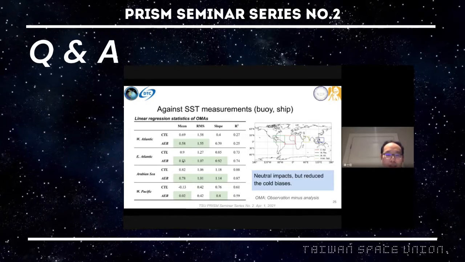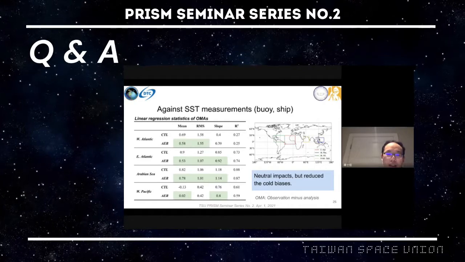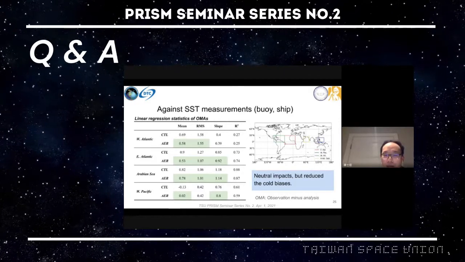So other regions have a cold bias, but the West Pacific region has a warm bias.